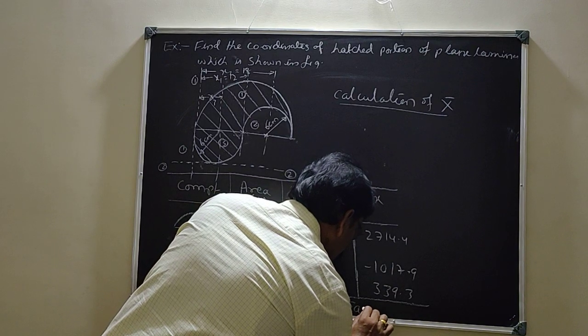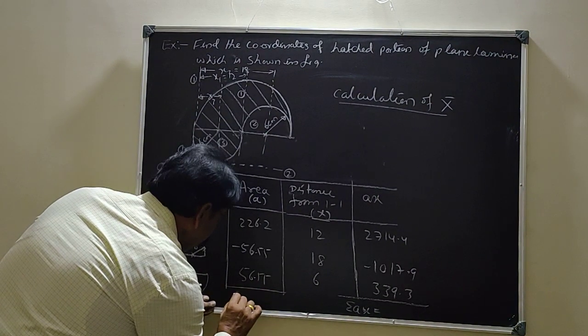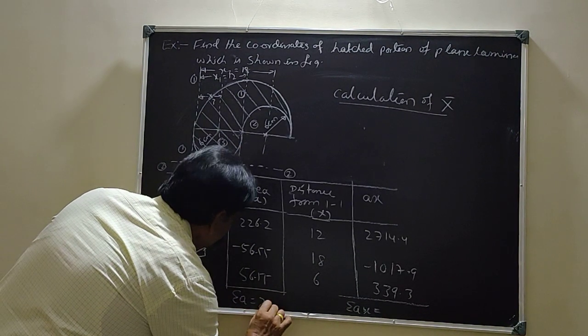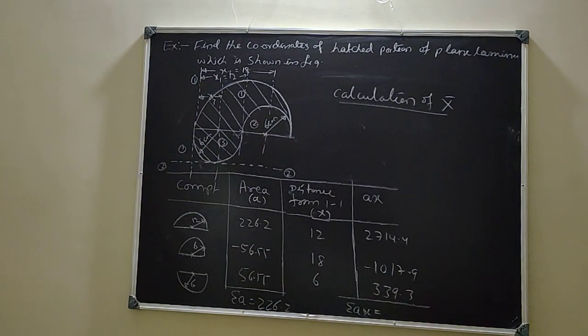So sigma Ax is equal to 2035.8, and sigma A, now these two get cancelled, area will be 226.2.